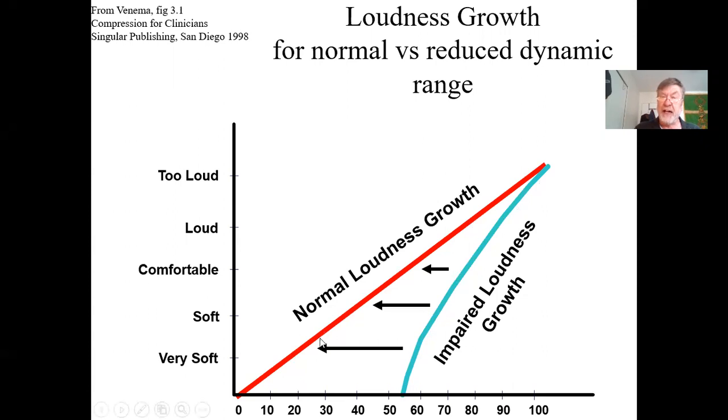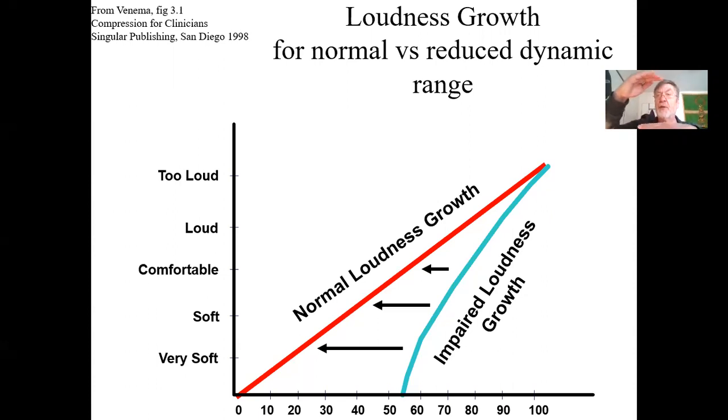It has to amplify soft sounds by a lot, average sounds by less, and louder sounds by little or nothing at all. Do you see? Hearing aids today are trying to imitate what the outer hair cells used to do.